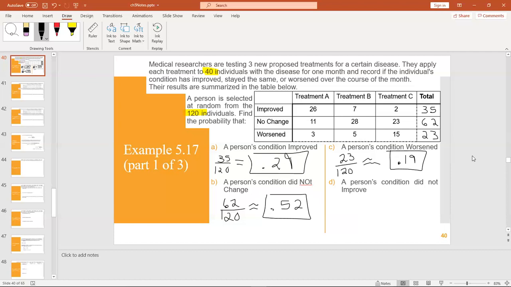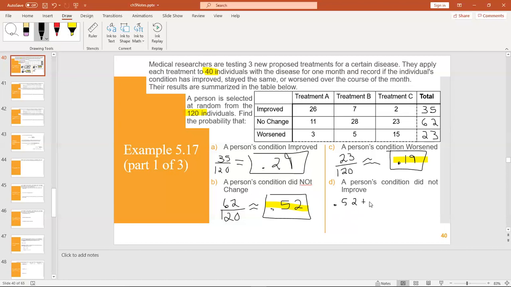What is the probability that a patient's condition did not improve? Okay, well, that's basically going to be the no change and the worsen put together. We could add the individual numbers. We could also just add the probabilities directly.